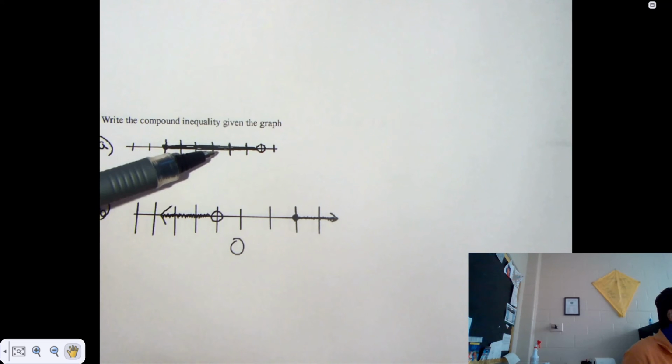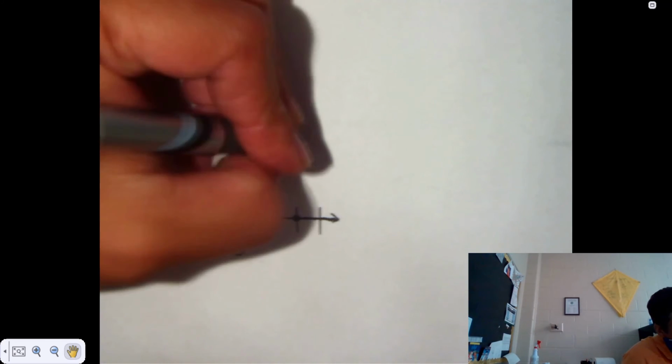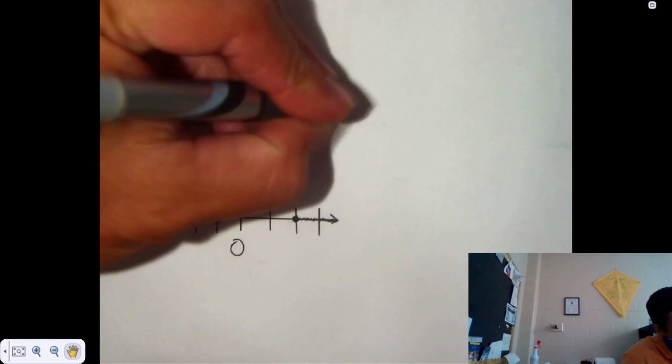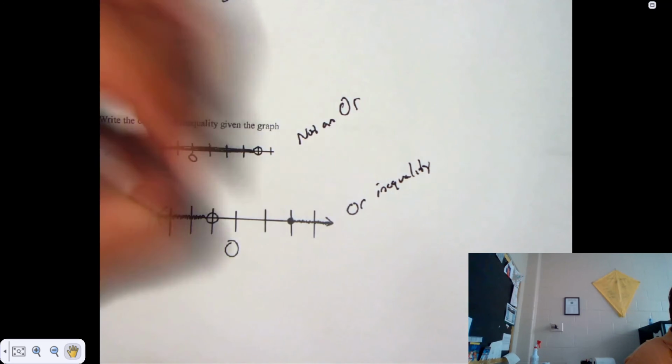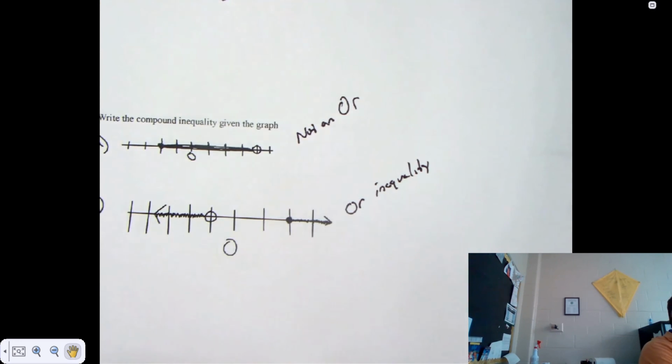Is the bottom one an OR? Yes. So when you write the not an OR, we'll go ahead and do A. And Garrett, what are you talking about? Well, the open circle makes it either greater than or less than, or equal to.